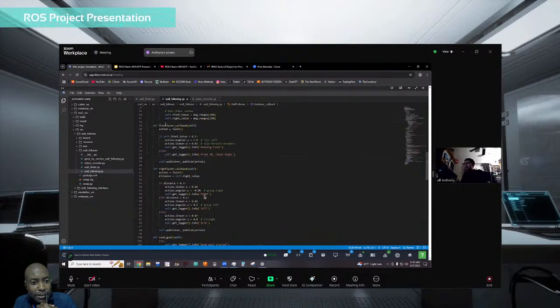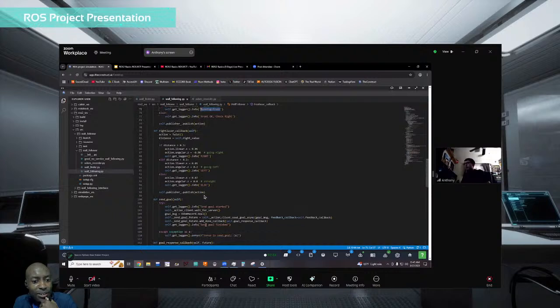Yes, mainly the front and right are the wall following logic, and those are the ones you're constantly checking in that right laser callback. If you were to go back and look, you would see front, right, left, else. This else actually should have been straight. I apologize, that was part of my debugging.